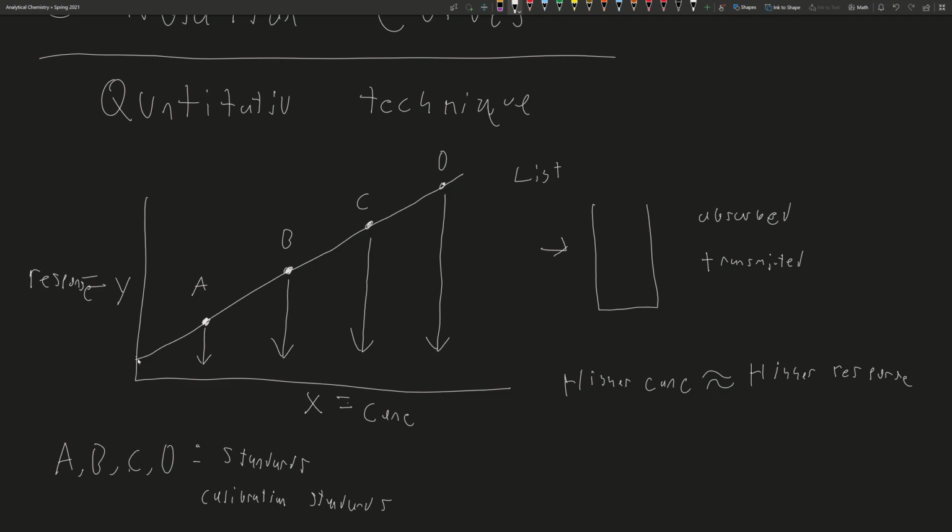So what this is really doing for us is it's doing this really awesome thing. It's allowing us to now determine the concentration of some unknown species. So let's say now I have no idea of the concentration of some species that we want to measure, and we prepare it in solution, and we put it into our machine, and our machine gives a value right here for our analyte, our unknown. We know that we have this nice curve right here.